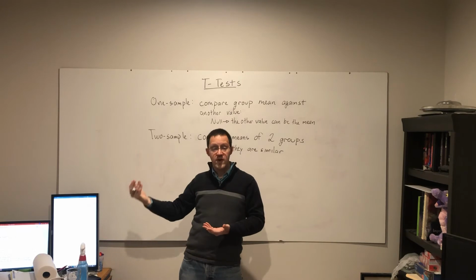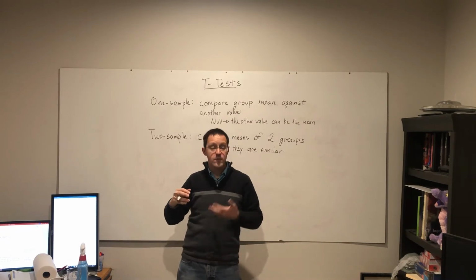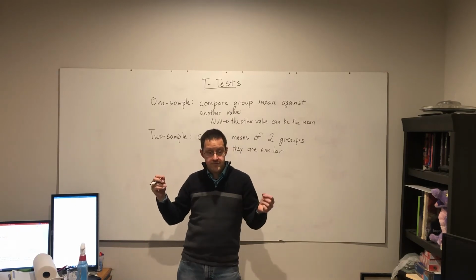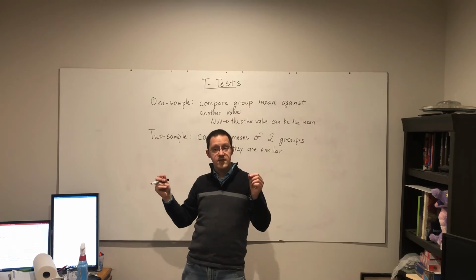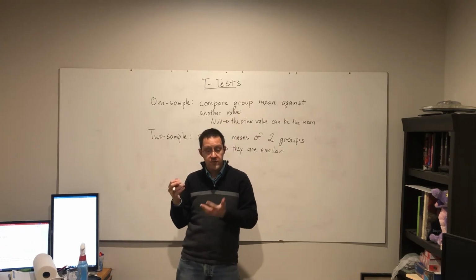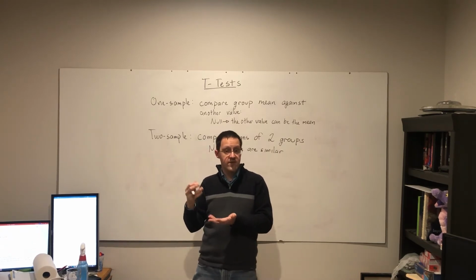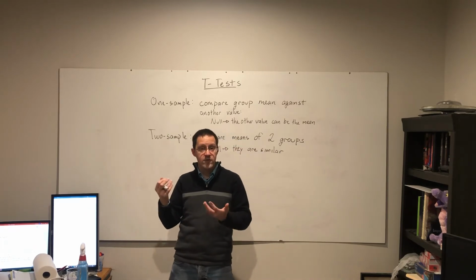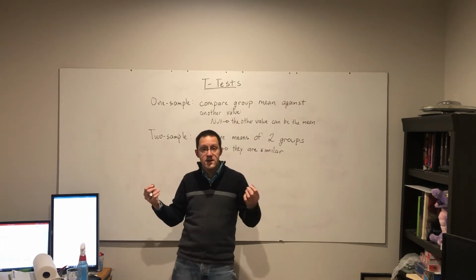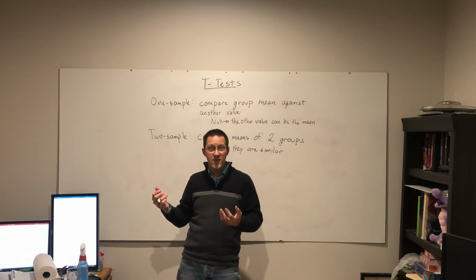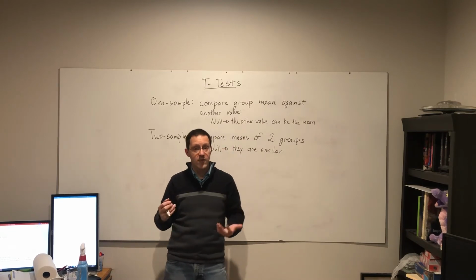Are the COVID rates higher? Are they the same? Are they lower? Are COVID rates the same or different where there are versus are not mask mandates? That would be the two sample t-test. That's probably the one that would be most commonly applied.